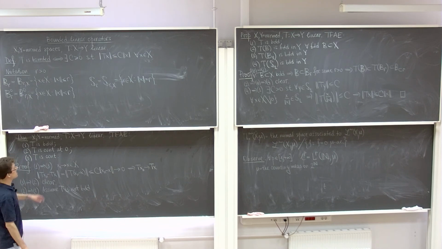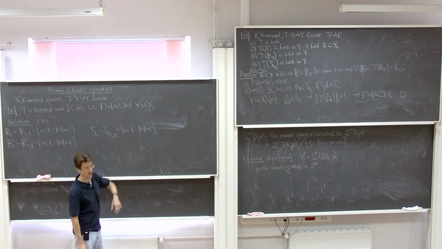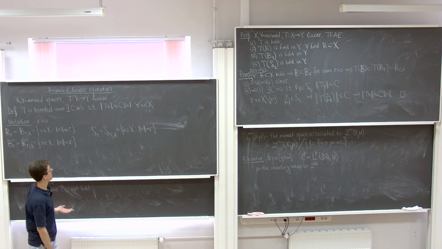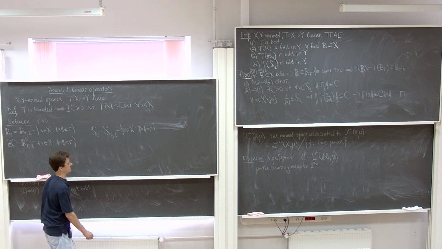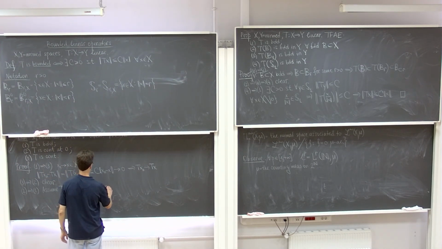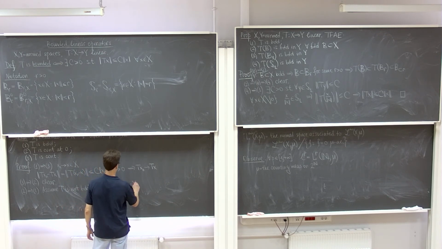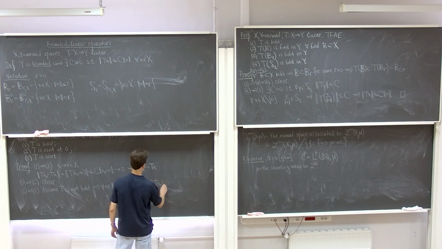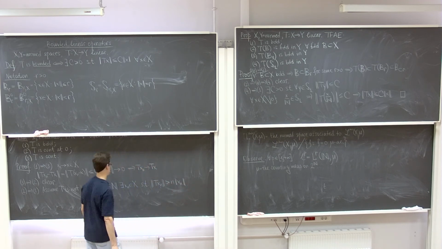Well, if T is not bounded, then there is no such constant C. In particular, if we take an arbitrary natural number n, we see that this inequality fails if C equals n. In other words, for each natural number n, we can always find a vector x_n in our space such that we have the opposite inequality: the norm of T x_n is greater than n multiplied by the norm of x_n.